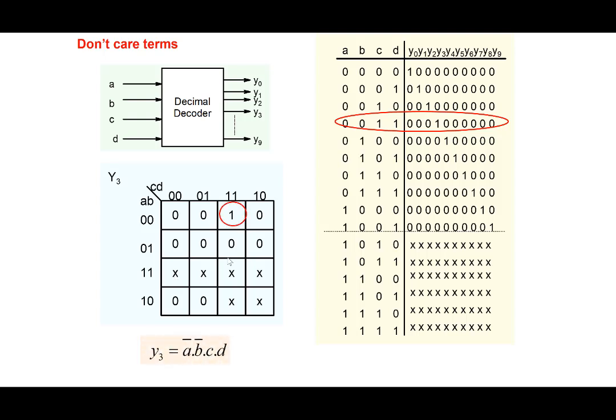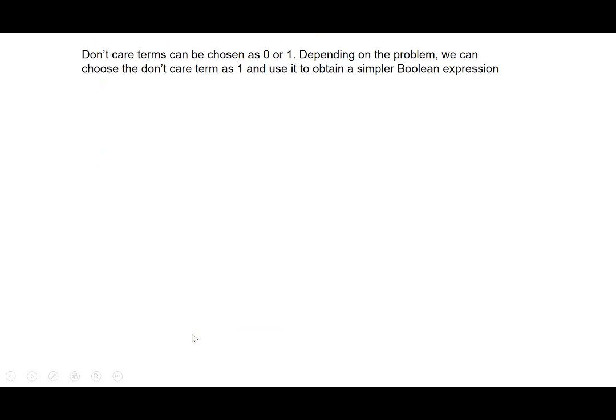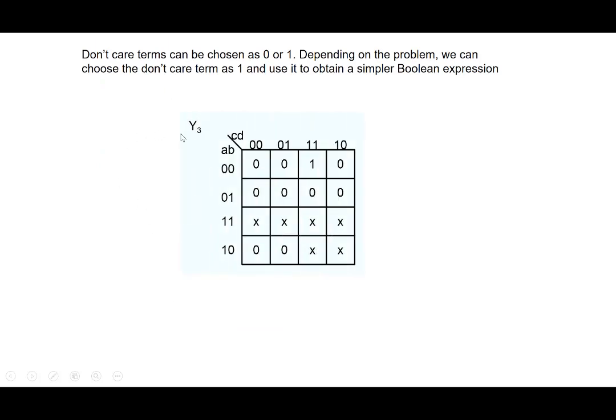Okay. So for example, if I forget about the don't care states and I try to write a Boolean expression, then we see that there is no other one, so we cannot combine it, and therefore our Boolean expression would be A bar, B bar, C D. But what we can do with the don't care terms, because of its name itself, is that it could be 0 or 1.